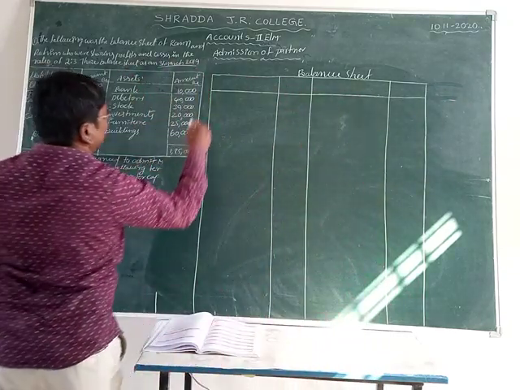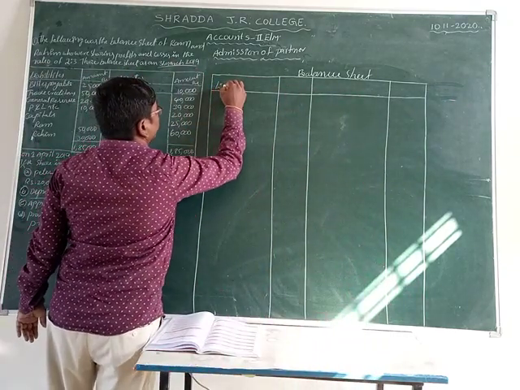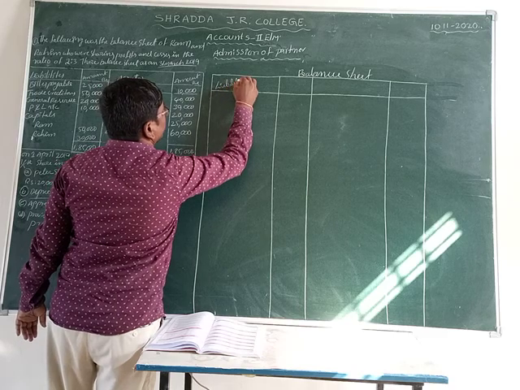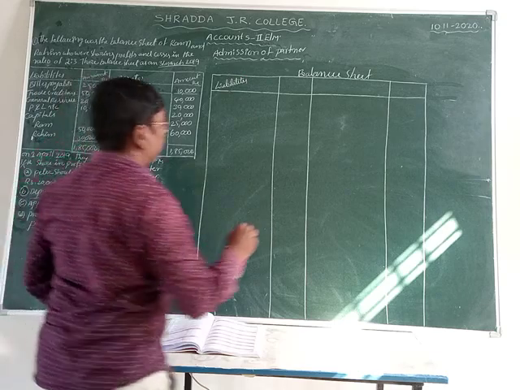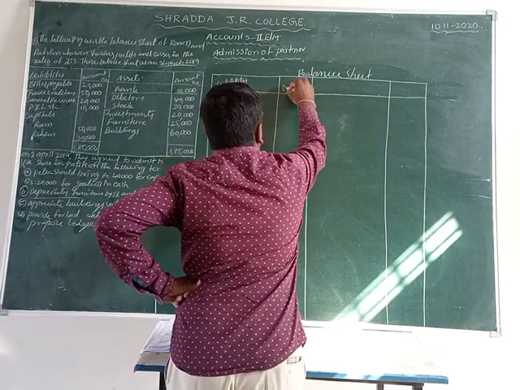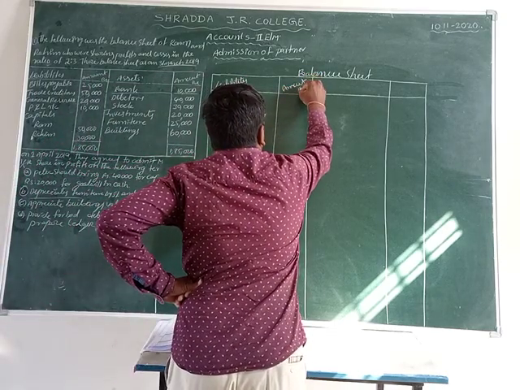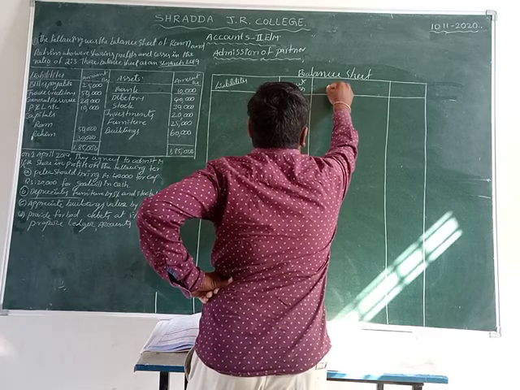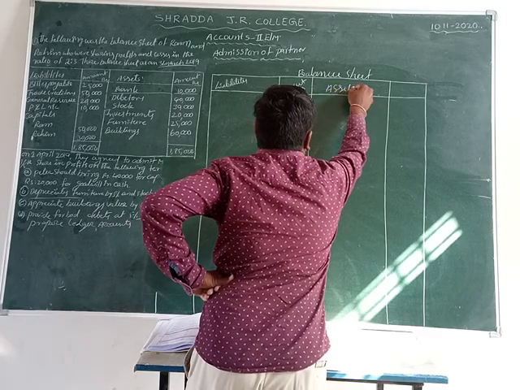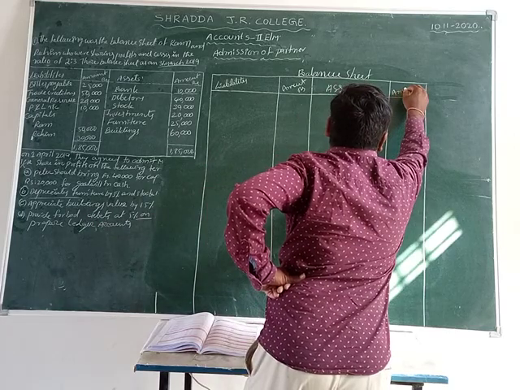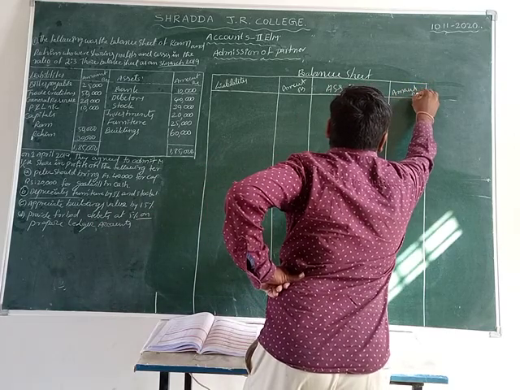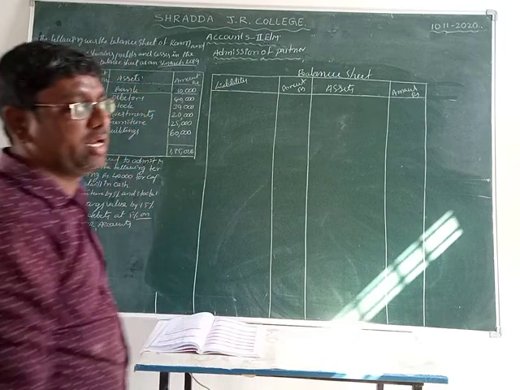Let us write down here liabilities and amount rupees, and here assets and amount rupees. Okay, students, this is a balance sheet.